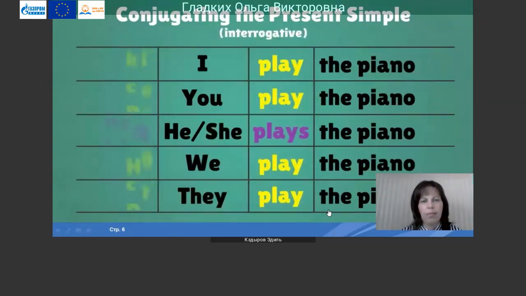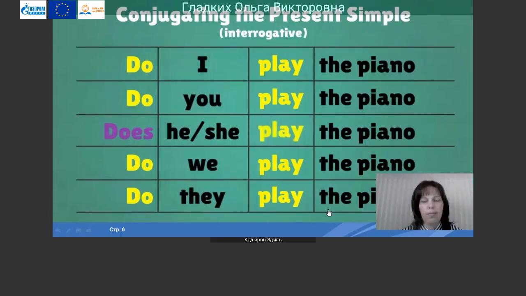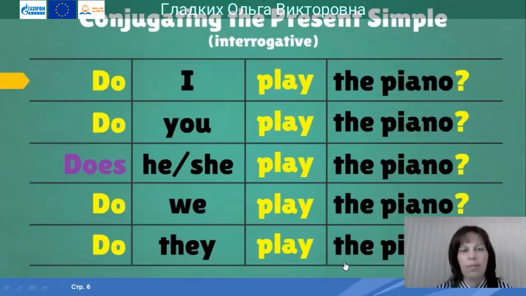Interrogative. Do I play the piano? Do you play the piano? Does he play the piano? Does she play the piano? Do we play the piano? Do they play the piano?